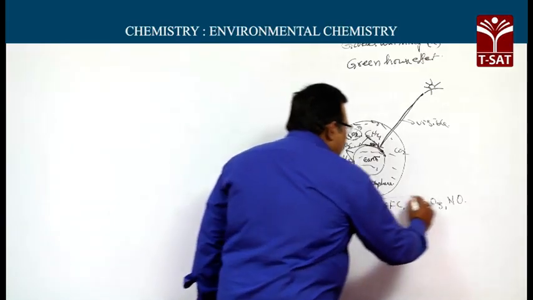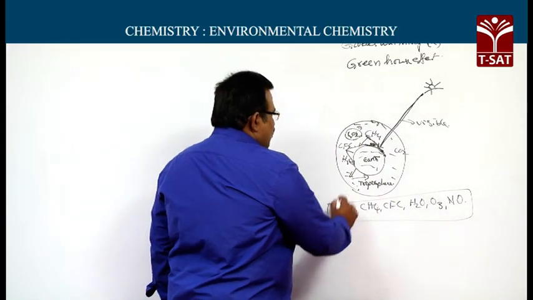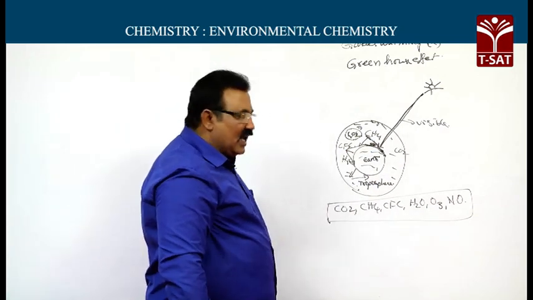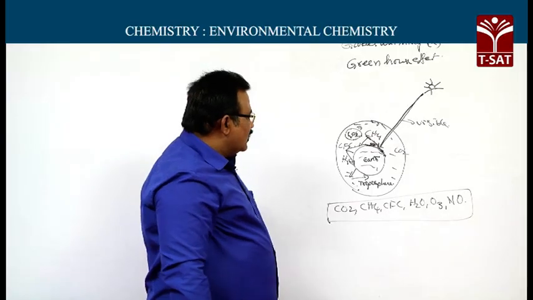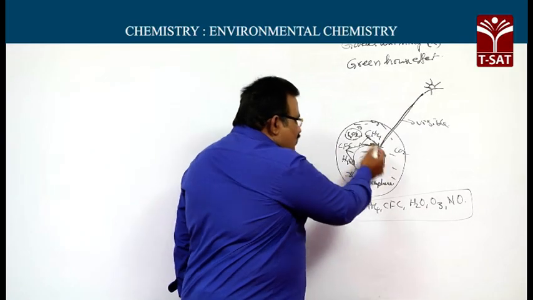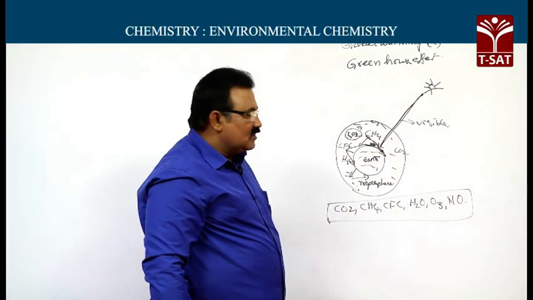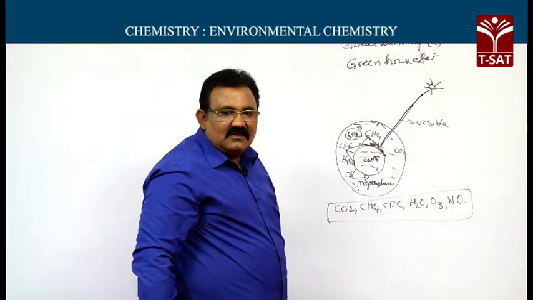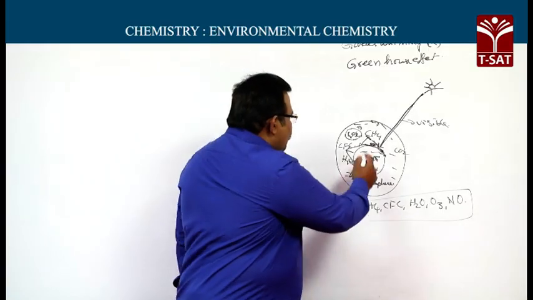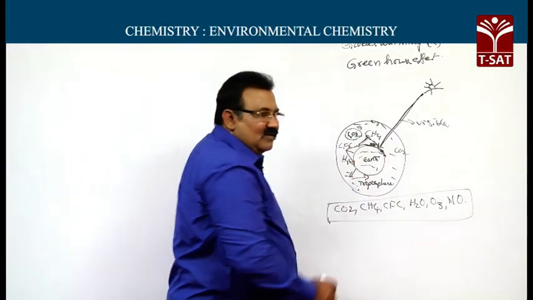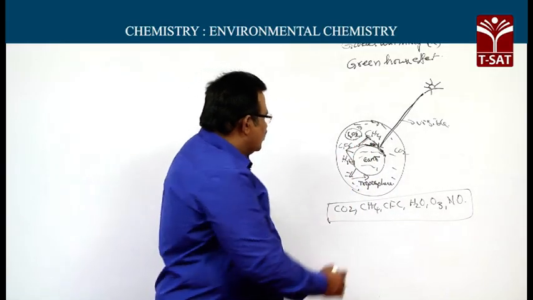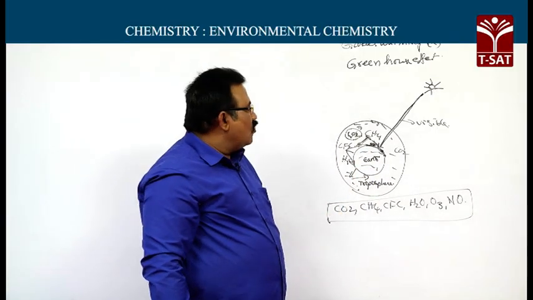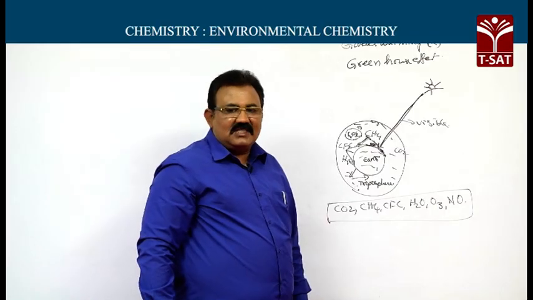These are the greenhouse affecting gases. They form like a blanket around the earth in the troposphere. They absorb the visible light and do not allow the infrared rays, so that the infrared rays, which are very hot, will be circulated on the globe. As a result, global temperature increases.